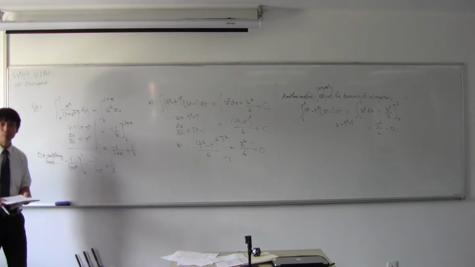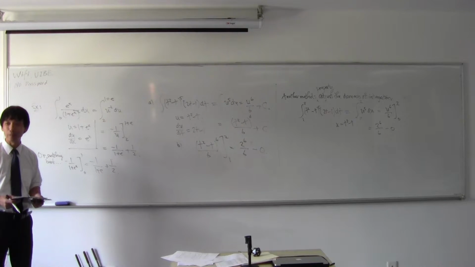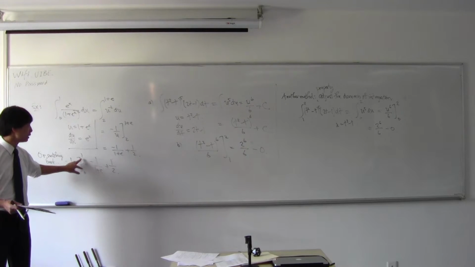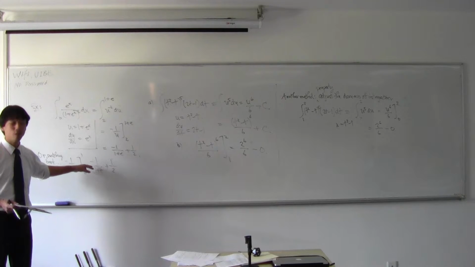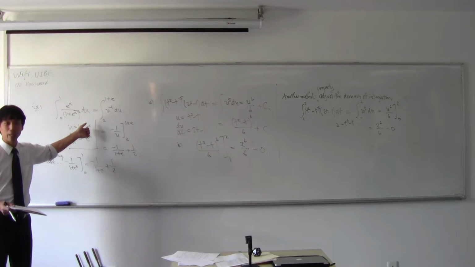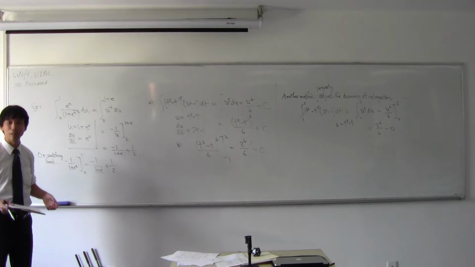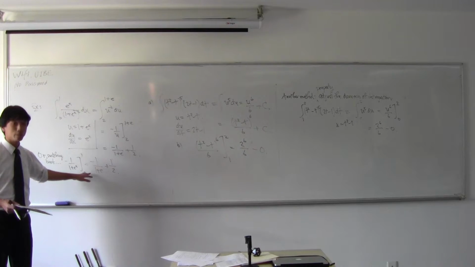Okay. Which way do you like? I'm just curious. Do you like to figure out the antiderivative and then switch back to the original domain and then evaluate? Or do you like to adjust the domain and stay with the new variable and evaluate? Doesn't matter. How many people like to stay with the antiderivative and then switch back?